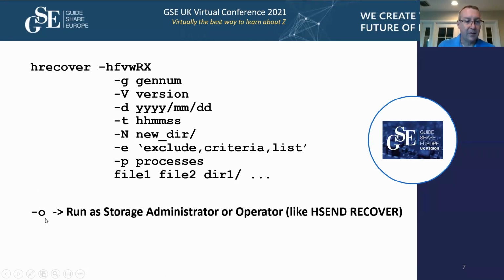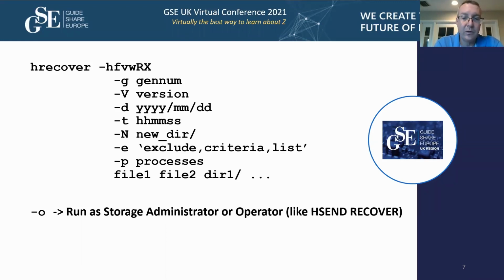And like before, I mentioned the -o says run this as a storage administrator. I do want to point out that if you specify the -o option, we do check the storage administrator facility class to see if your user ID has read permission to that, in this example, the recover facility class.